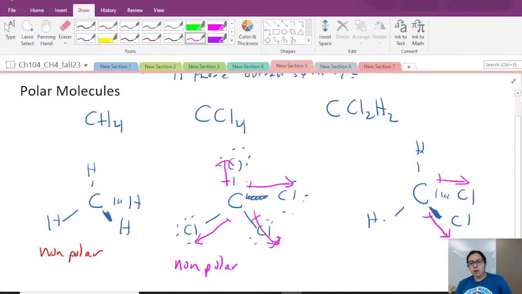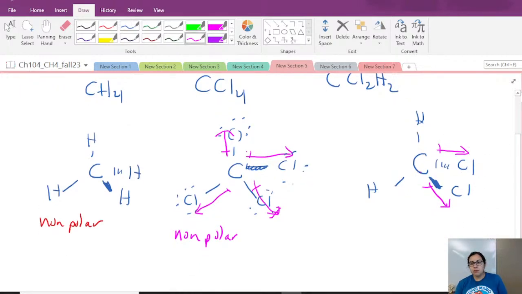But on our carbon-hydrogen side, this isn't very polar, so I'm not going to draw arrows there. So again, we have this unevenness on one side. Two of them have the same substituent, two of them are different. So we've lost our symmetry, and now this one would be considered polar.